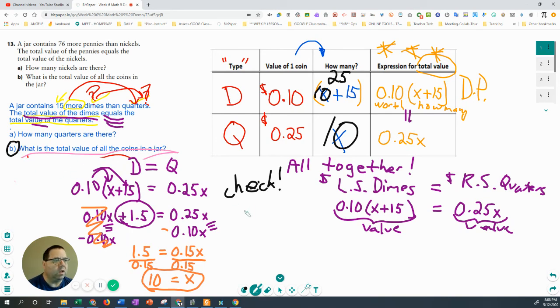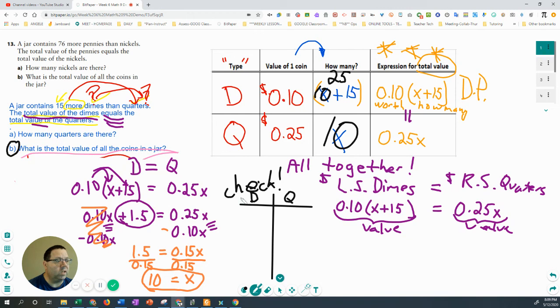Okay? Let's check. If we have 25 dimes, let me just draw a little T-chart here again. All right. So look at the dimes. Here's the quarters.